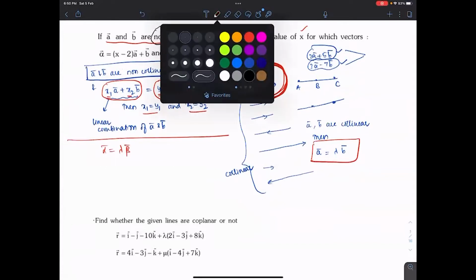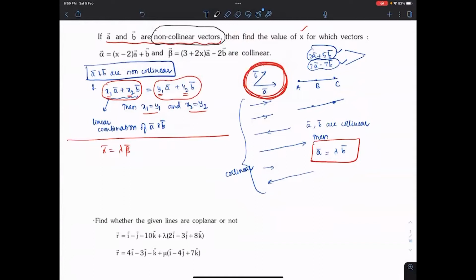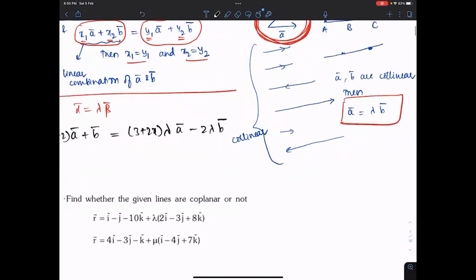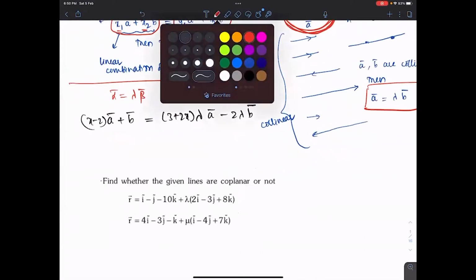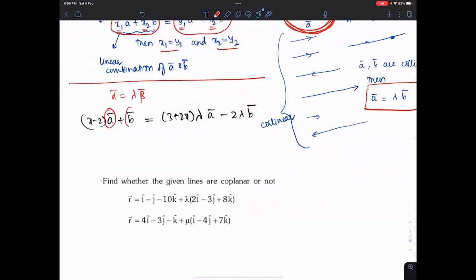Okay. So if I continue the solution, alpha bar, that is x minus 2 times A bar plus B bar, must be equal to lambda times beta bar. If you multiply with lambda, that is 3 plus 2x times lambda A bar minus 2 lambda B bar. Now you see, A bar and B bar are non-collinear.